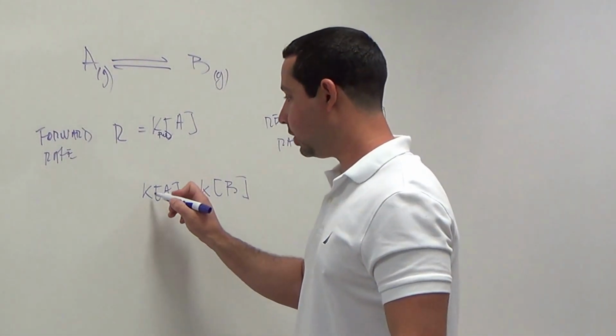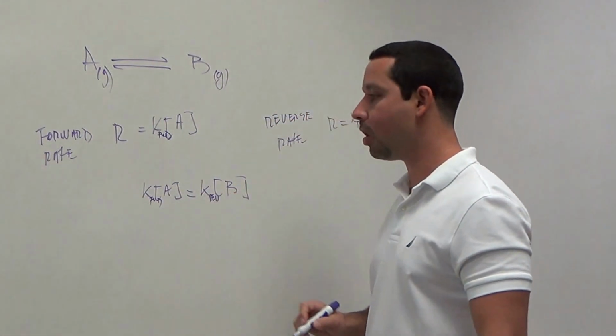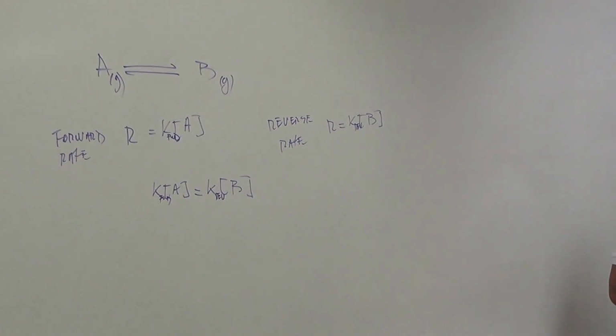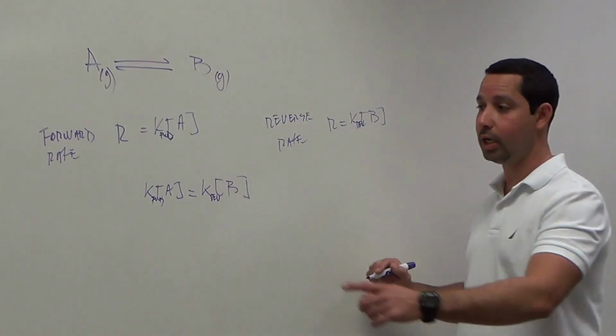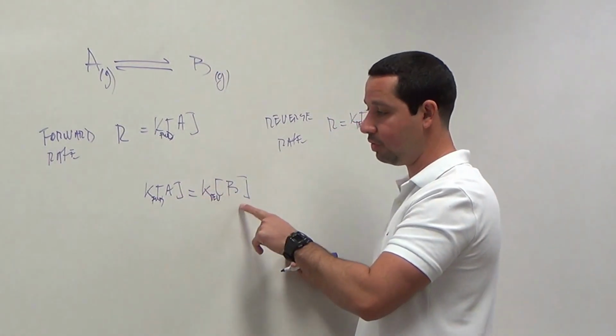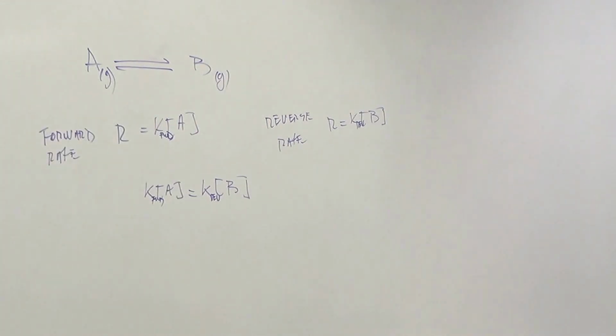Does that mean that this k_FWD is the same as this k_REV? Are they the same? No, they're not the same. But the product between this rate constant and this A is equal to the product of these two. Yes or no? Yeah. All right, perfect.